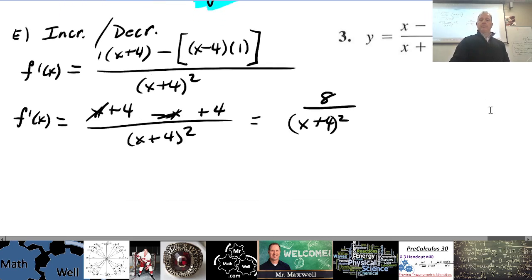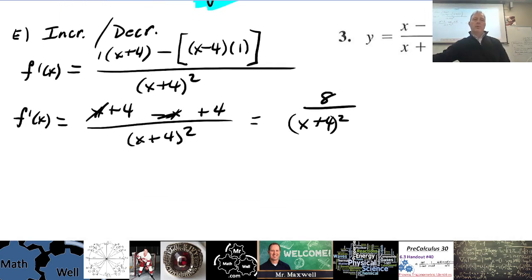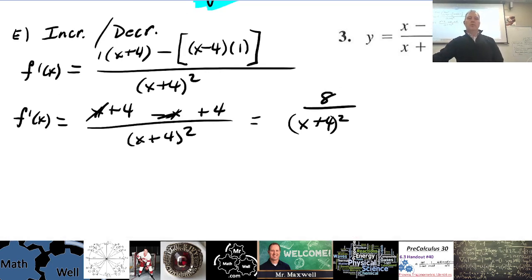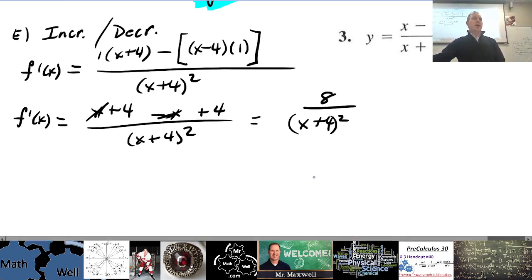Now, here's another point where you would show your sign analysis, unless you can see that 8 is always positive, because it's positive 8. And because the whole quantity in here is squared, this is always positive as well. So in this case, you don't need to do sign analysis.